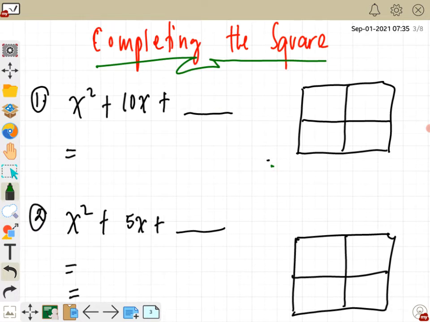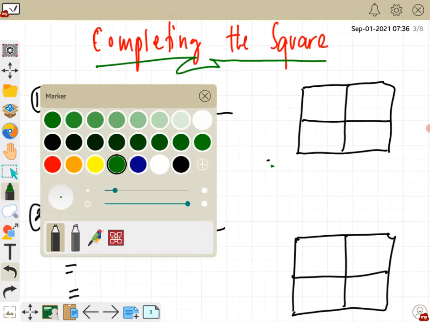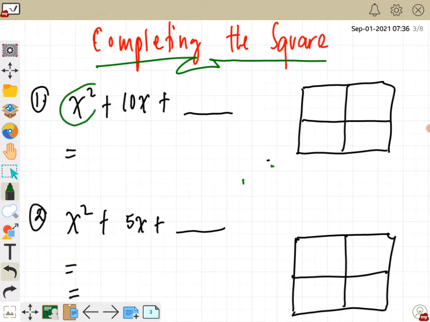So when we say completing the square, here we have x squared plus 10x plus 5. What must be the third term or the value of c so that this becomes a square? So what we do is we try to put it here. Then we know that x squared can be factored as x times x.